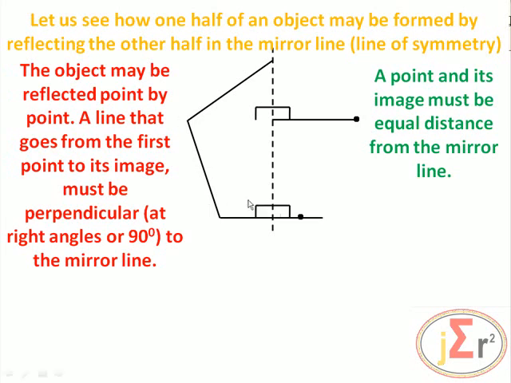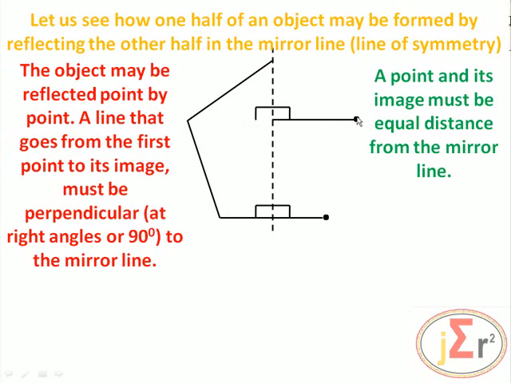So this point will go all the way over here in such a way that the distance from here to here is equal to the distance from here to here.